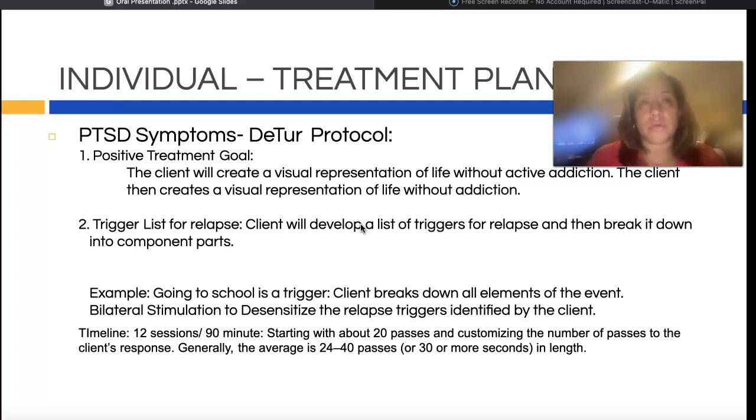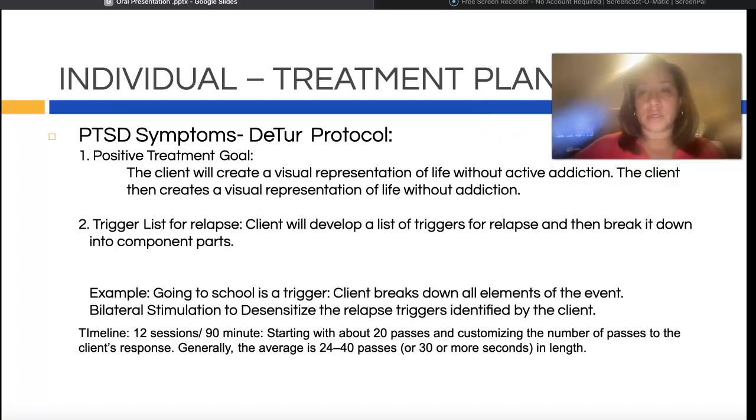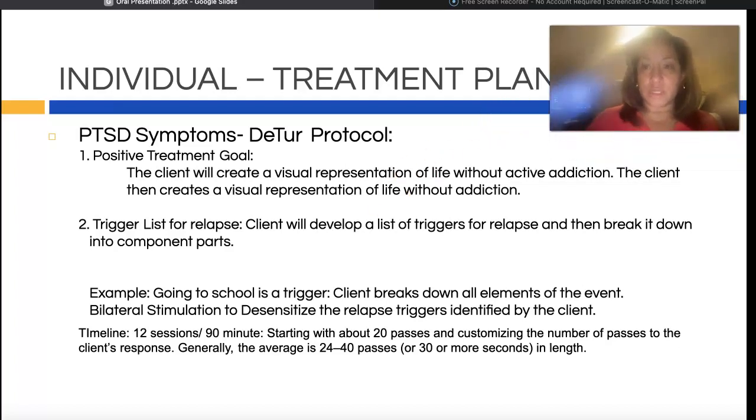We would also create a trigger list. This is something that is really important because we want to make sure that she makes a list of triggers for relapse, because as we work through all of her history at such a young age, and even triggers that she may have as she continues school and is introduced into adulthood, we want to make sure that she recognizes her triggers for relapse.